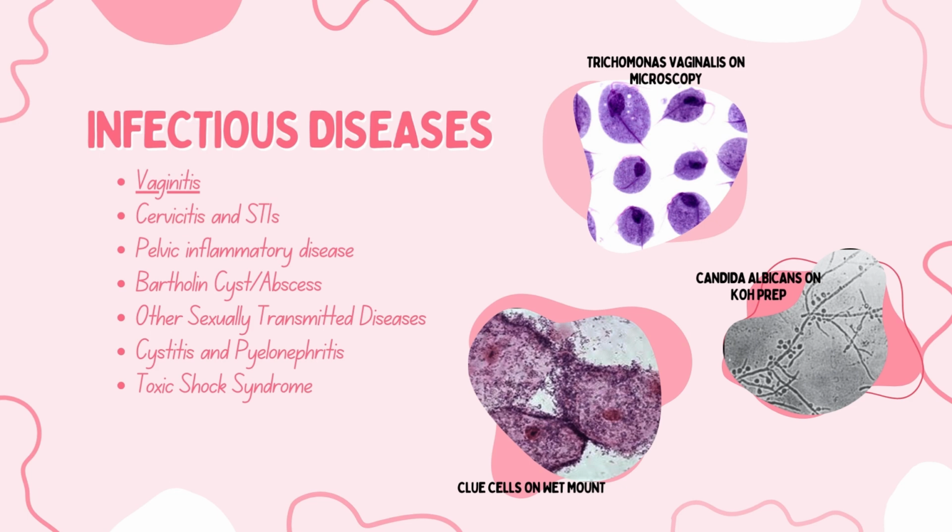So, next, atrophic vaginitis. This is not an STD. This is seen in hypoestrogenic states, so low estrogen. And the best example of this is menopause, but it could also be in postpartum women or people with progesterone-only contraceptives.